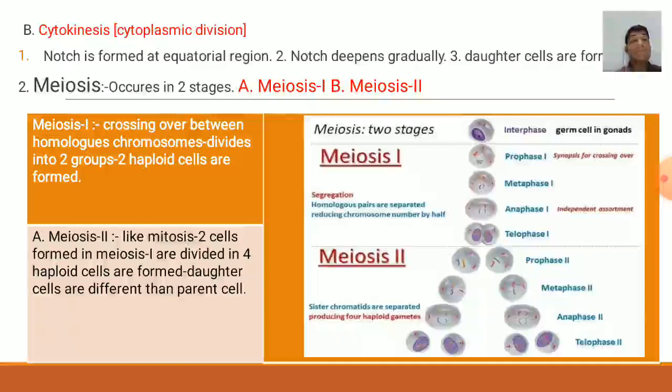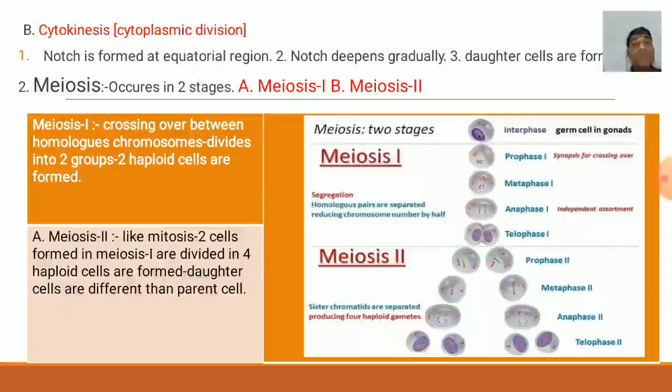During this cell division, crossing over occurs between the homologous chromosomes, and thereby genetic recombination occurs. Due to this, all four daughter cells are genetically different from the parent cell and from each other too. In this way, the second stage of meiosis is completed.